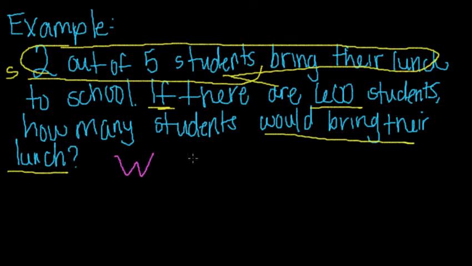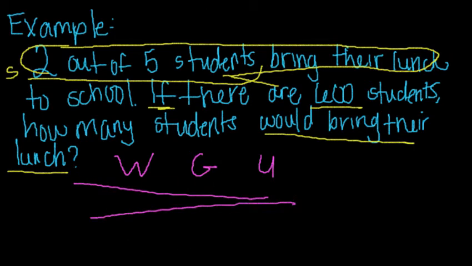So here's what a WGU chart looks like. Got the W at the top, the G, and a U. Okay, you're going to make it, whoa, kind of like a tick. Okay, we've got to erase that. That's horrible. There we go. Okay, let's start over.